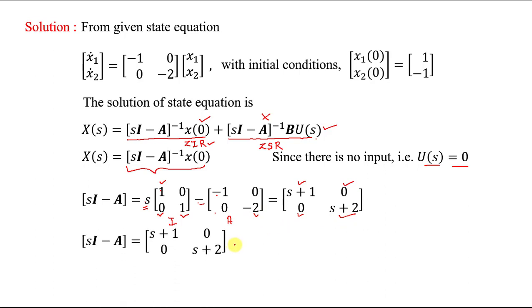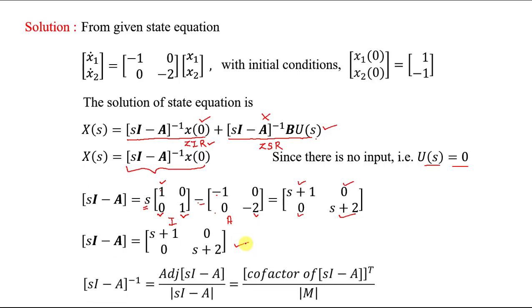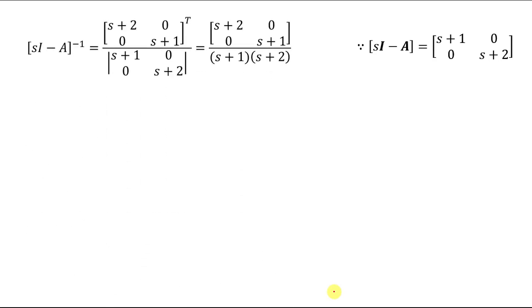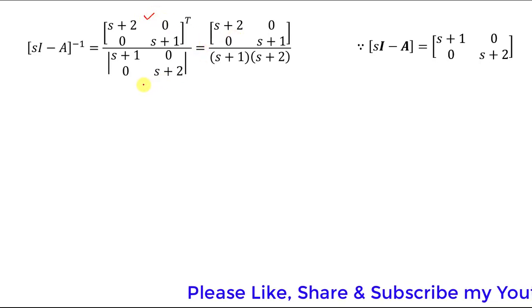Again I am writing the sI minus A matrix. For the solution of the state equation we will require the inverse of the sI minus A matrix. The matrix inverse equals the adjoint of sI minus A divided by the determinant of sI minus A, which is the transpose of the cofactor matrix divided by the determinant value.